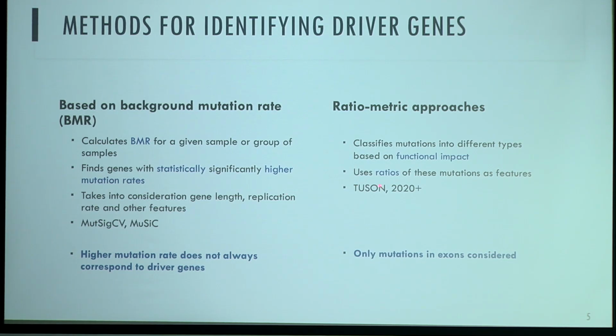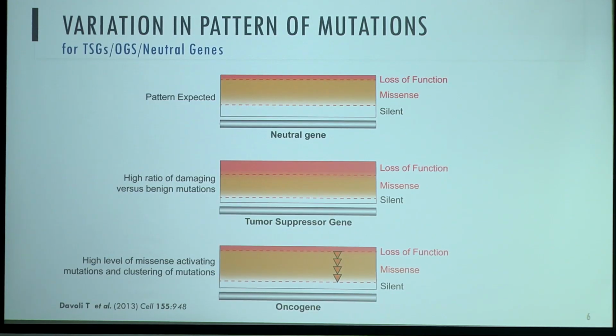But the point is they're able to identify these driver mutations with accuracy and not relying on just high mutation rates. So you may have rare mutation events which are still drivers and you want to capture them. So this is a very important aspect of what are known as ratiometric approaches.